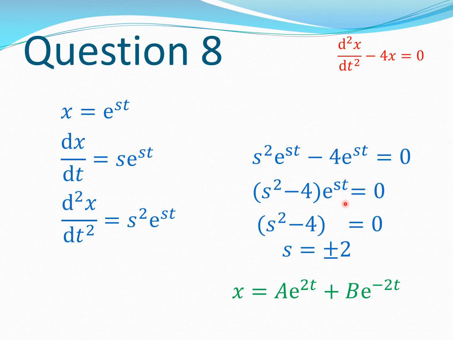The exponential function is never 0. So s squared minus 4 is going to be 0. This is known as the characteristic equation. So I get s is plus minus 2. So there are essentially two solutions here, and I can add them with two constants. So I can write x is a e to the power 2t plus b e to the power minus 2t.